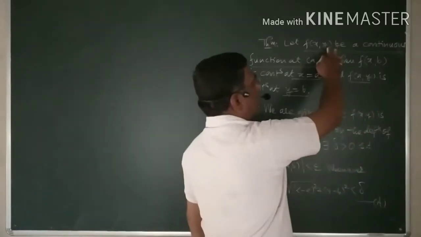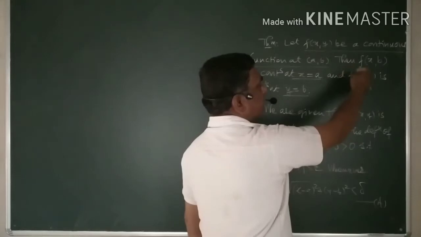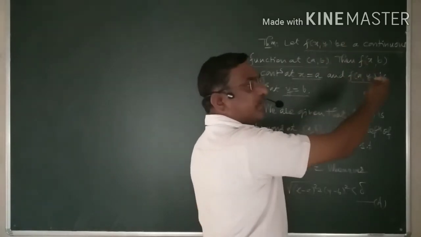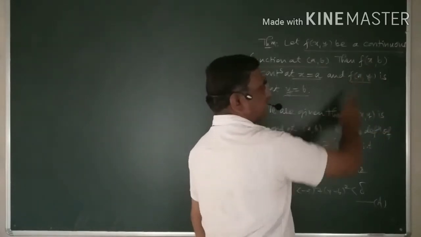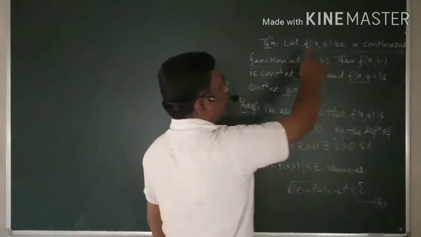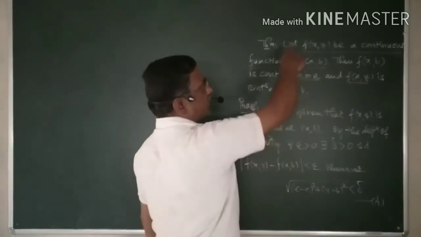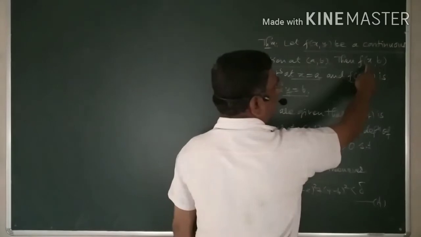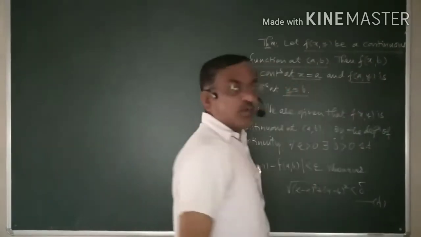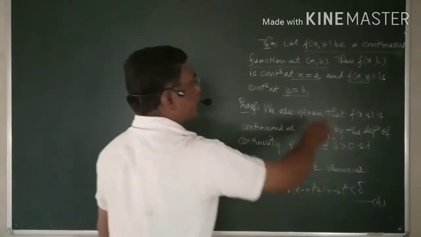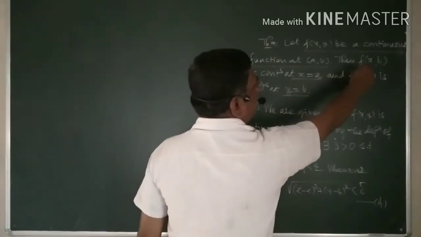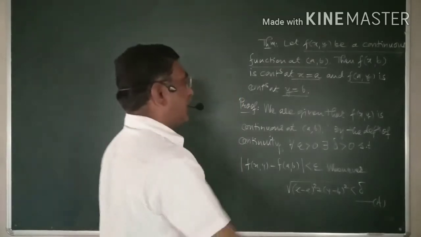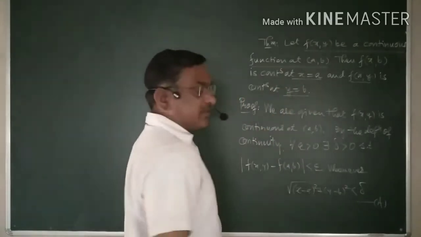If I am considering y as a real constant, then this function f of x y automatically becomes a function of only one variable x, and hence this gives the characterization or relation between continuity of a function of two variables and continuity of a function of one variable. Therefore, here I need to show that f of x comma b is continuous at x is equal to a, and f of a comma y is continuous at y is equal to b.